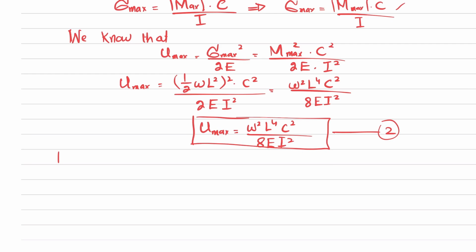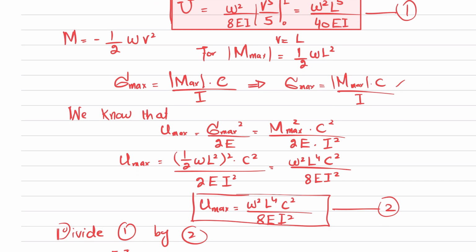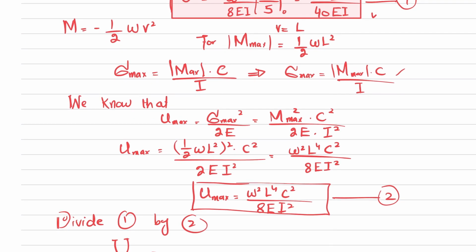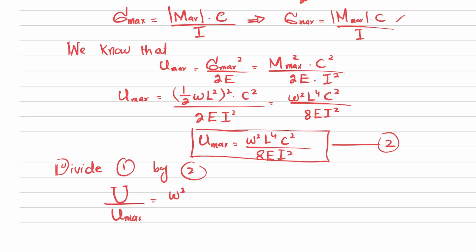So if we divide 1 by 2, you will get U over Umax is equal to, U is W square L5 over 40EI, and divide by W square L4 C square over 8EI square.